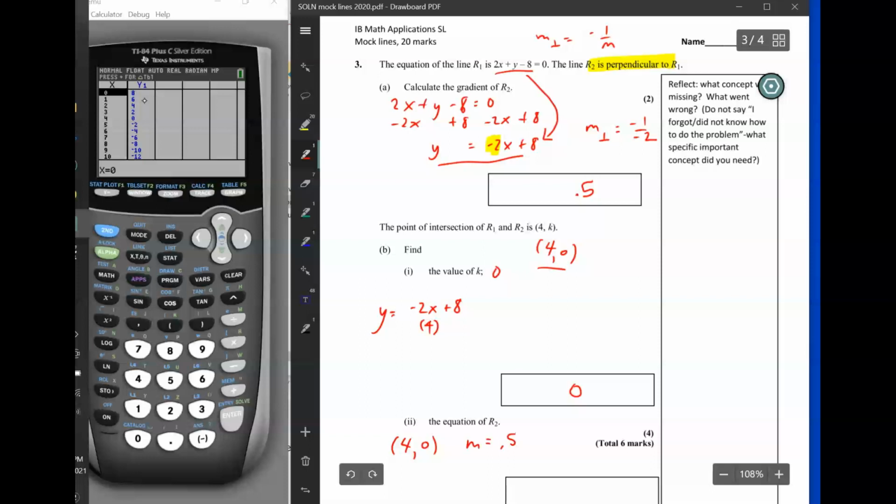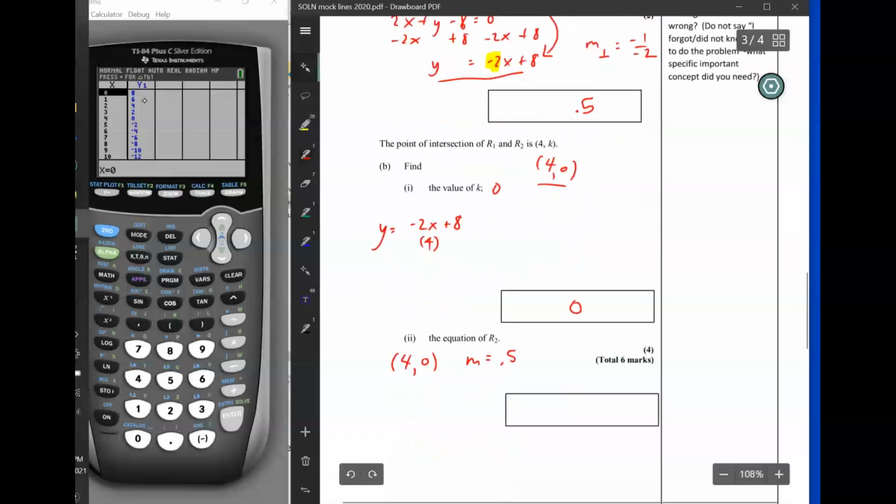And remember, if you have a point and you have a slope, you can easily find the equation of R2 using what we call point-slope form. And we're going to do that. Point-slope form is on the formula sheet, and it looks like this.